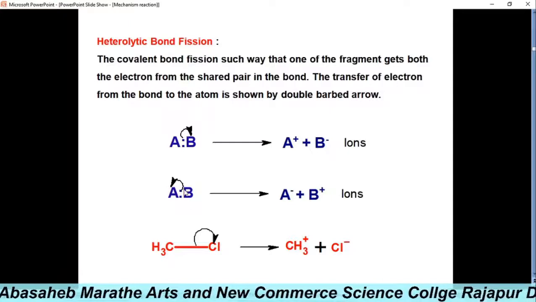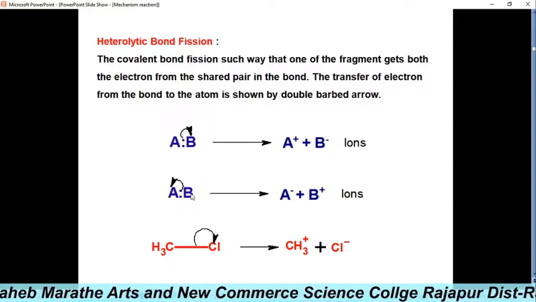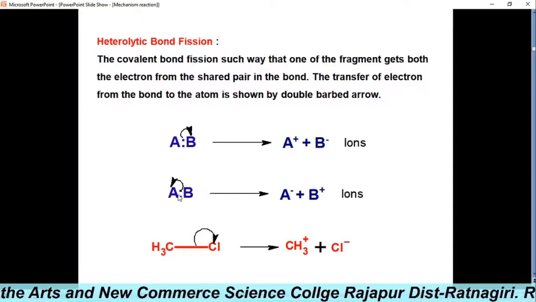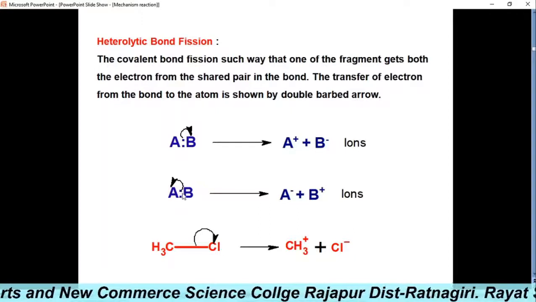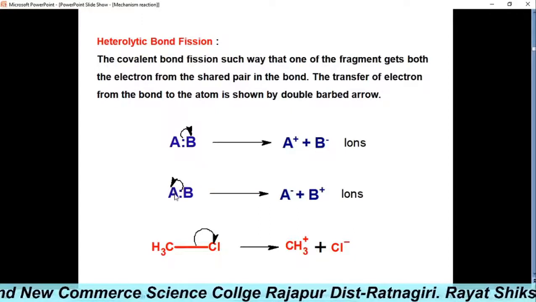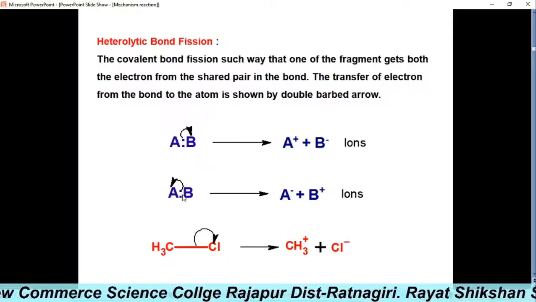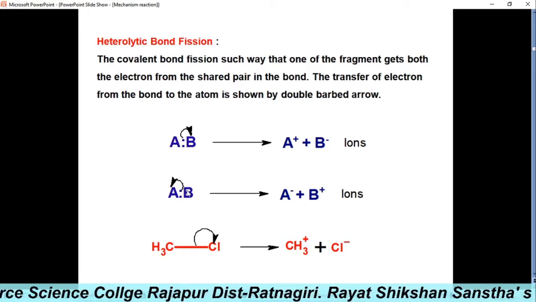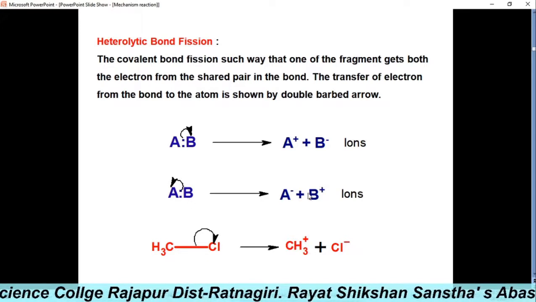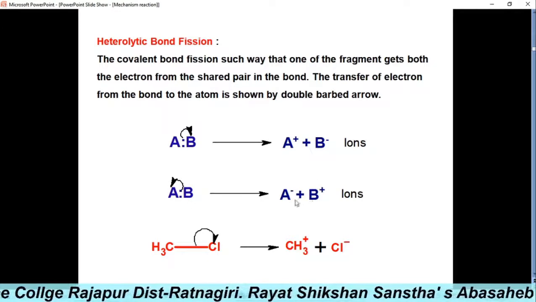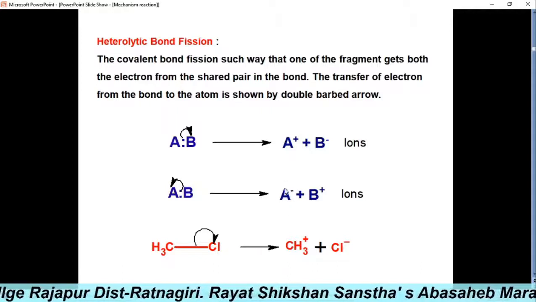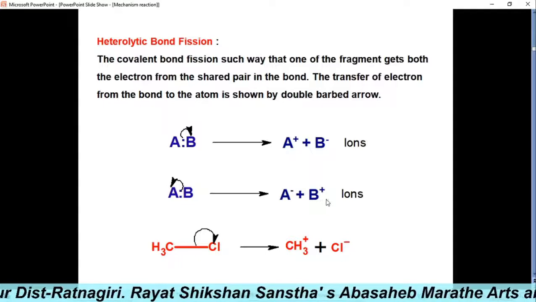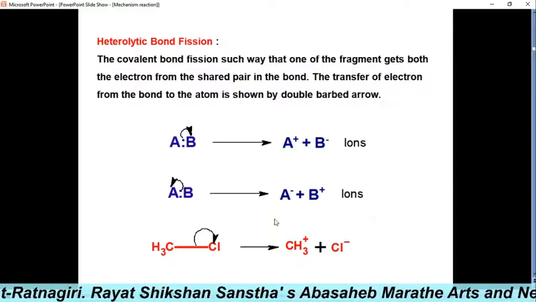Similarly, we can break this bond the other way, with both electrons going to capital A. Then the bond breaks away from capital B, so capital B has a positive charge and capital A has a negative charge, giving these two different ions.